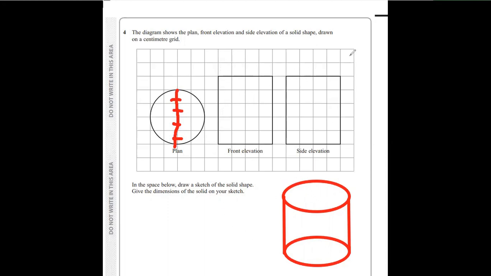So basically, we can say that its diameter is 4 centimeters. And what about the height of the cylinder? 1, 2, 3, 4, 5. So that's why I would say its height is 5 centimeters.